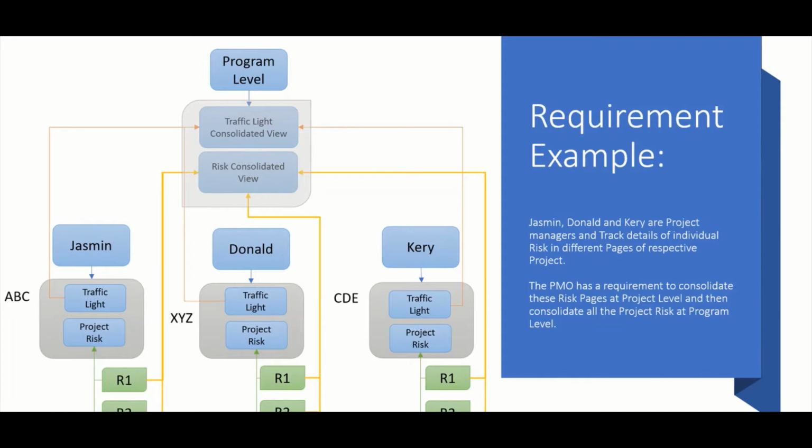We have just one source, the project managers who fill in the details, and the same is cascaded from the bottom, from the project pages, to the program view. So this is the whole scenario. Let's get started with the demo. How are we going to achieve this?